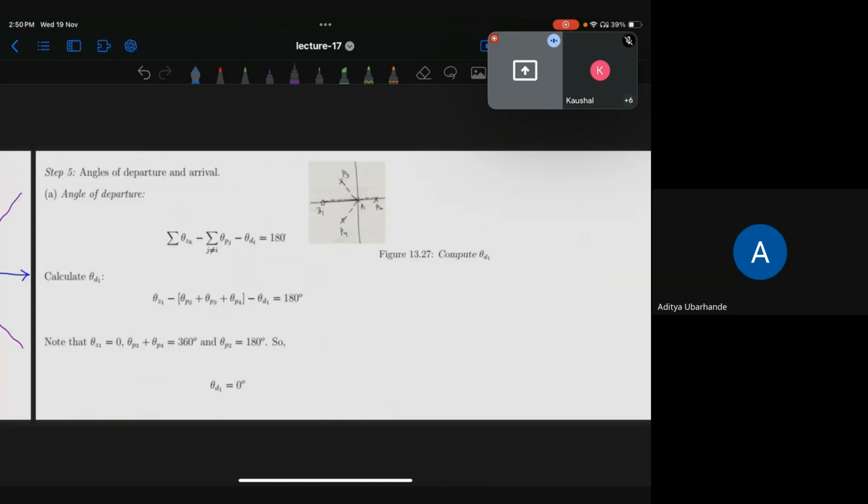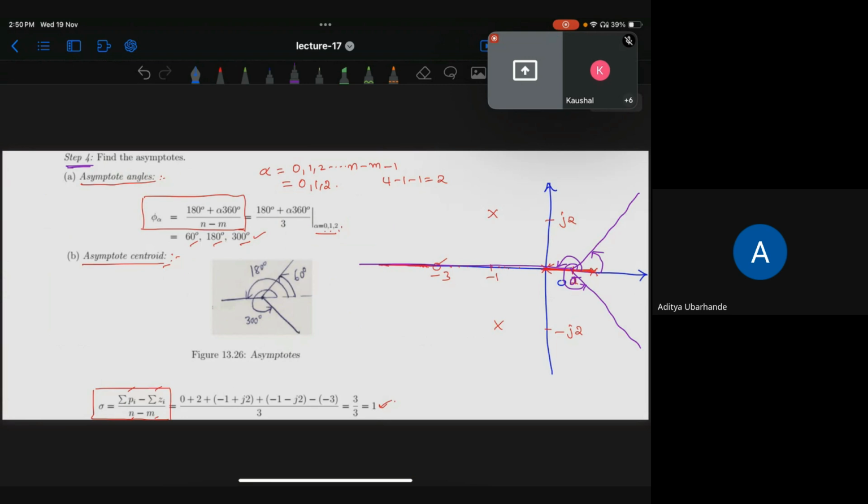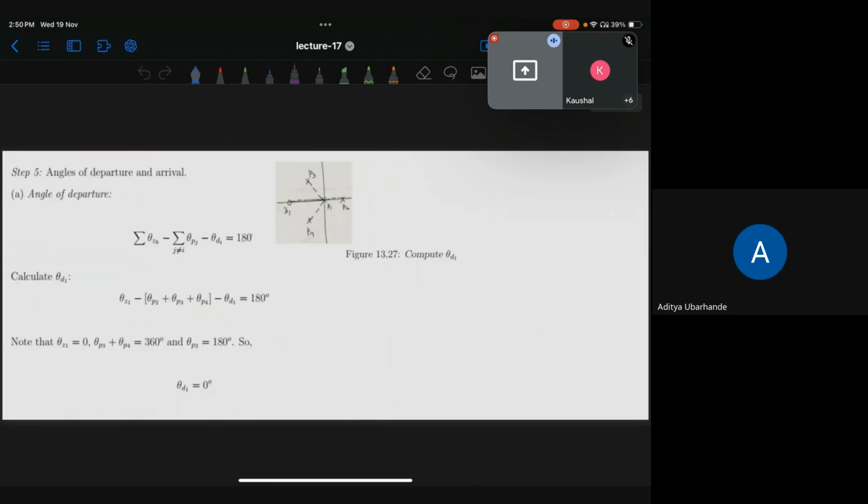So that is step 4. Next, step 5, we find the angle of departure as well as the angle of arrival, because the root locus always starts at the poles.